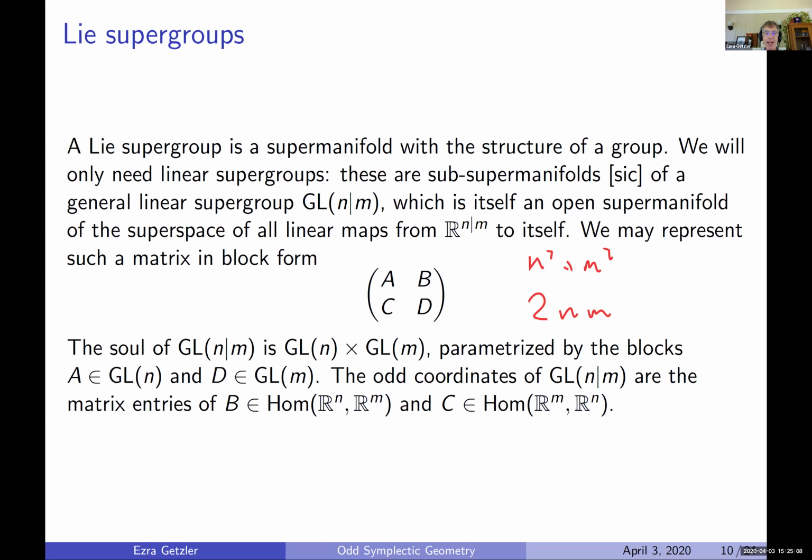We take the open part where A and D are invertible. Okay? And that's exactly the part where the endomorphism of R^{n|m} is invertible. So that's a supermanifold. Its soul is GL_n cross GL_m, and the odd coordinates are parameterized by the matrix entries of B and C. Okay?